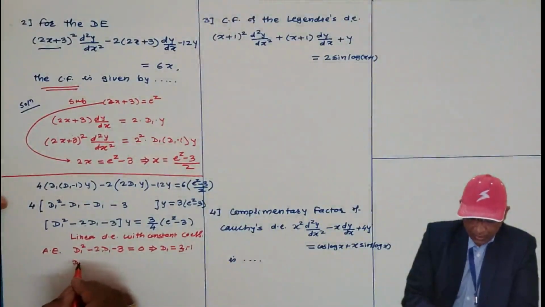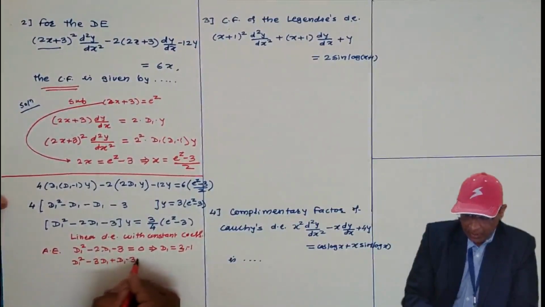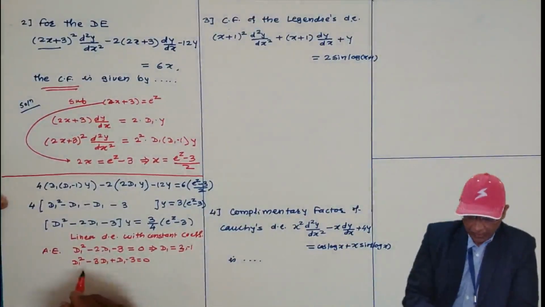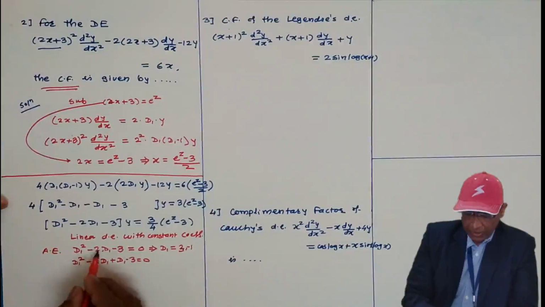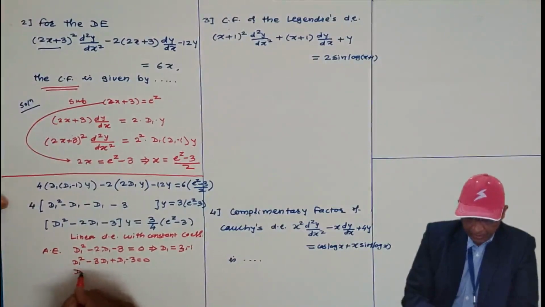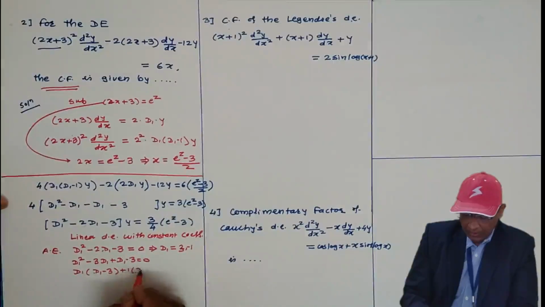The d1 square minus 2d1 minus 3 can be written as d1 square minus 3d1 plus d1 minus 3 equals 0. Okay, which we have done in earlier years, 9th standard, 10th standard. Addition of these two is minus 2 and multiplication of these two is minus 3. Take d1 common, d1 minus 3, from remaining two terms, 1 common, d1 minus 3 equals 0.